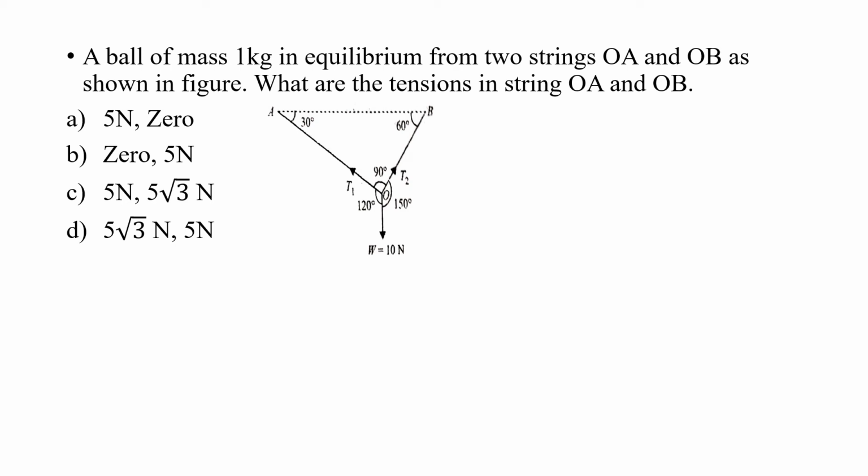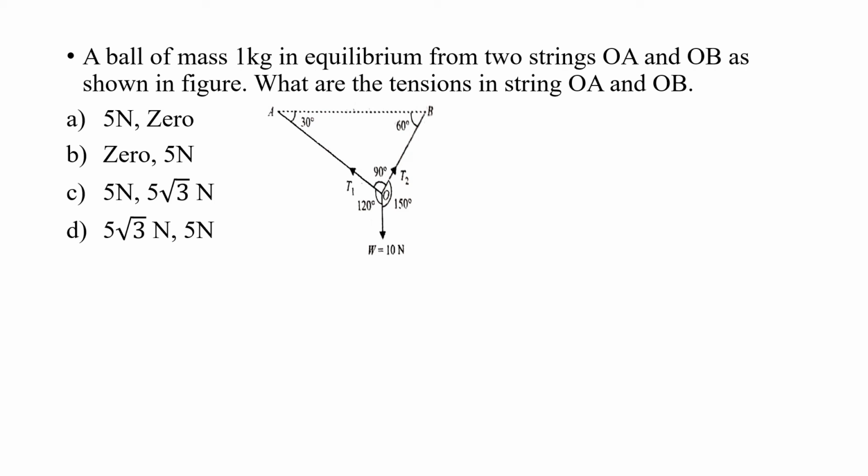In this problem, you were given three concurrent forces acting at point O. All the included angles were given and you were asked to find the tensions in strings OA and OB.